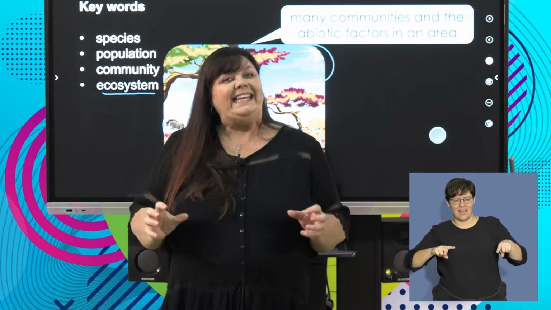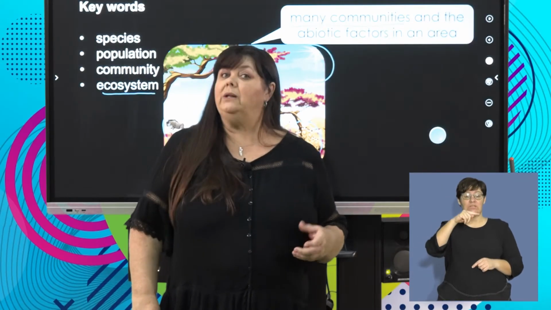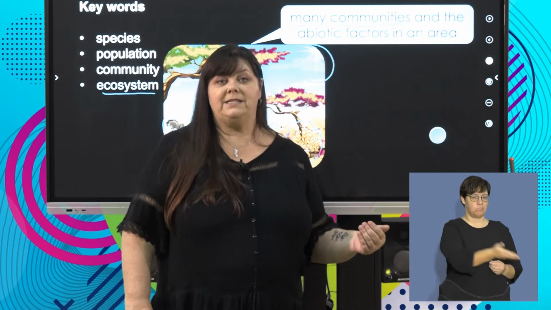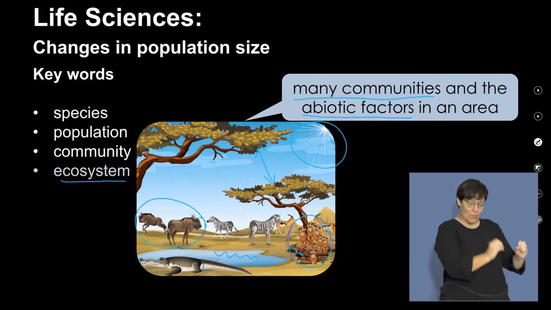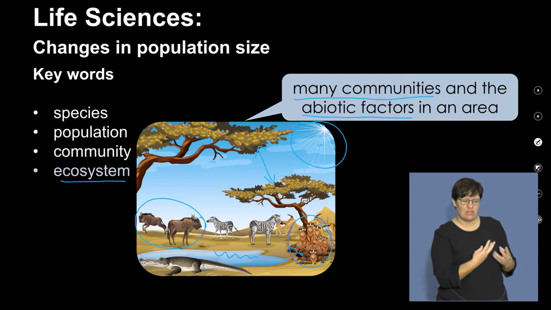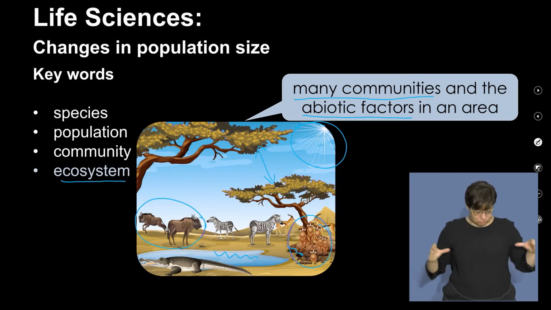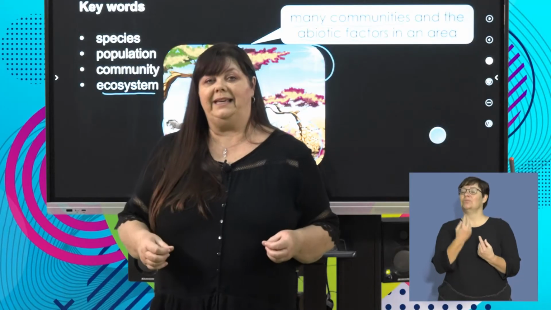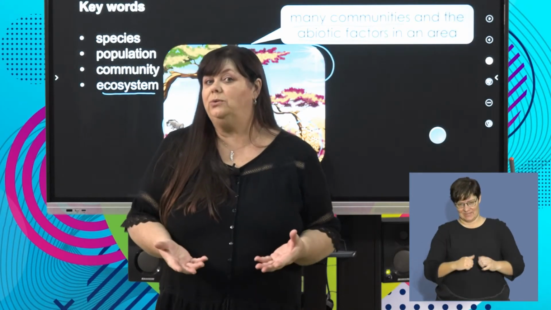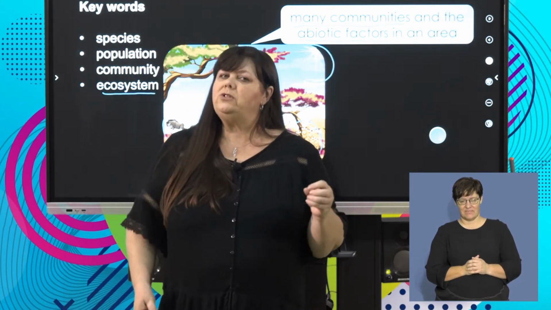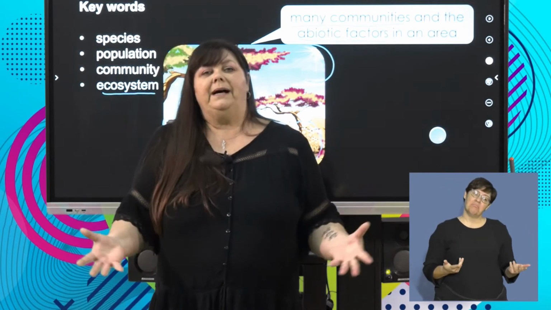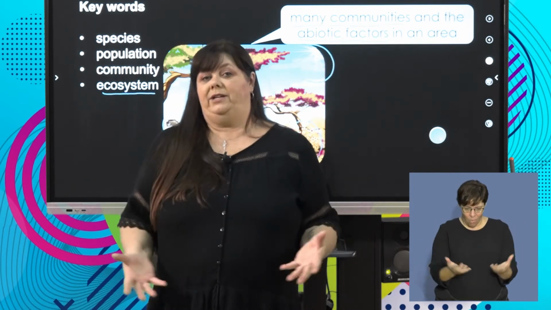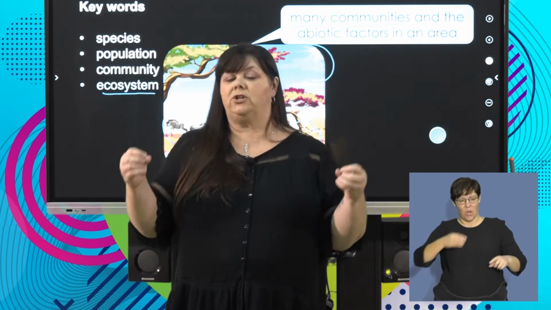There are abiotic factors as well, or non-living factors. So once we add our communities and our abiotic factors in that particular area, we are now looking at an ecosystem.